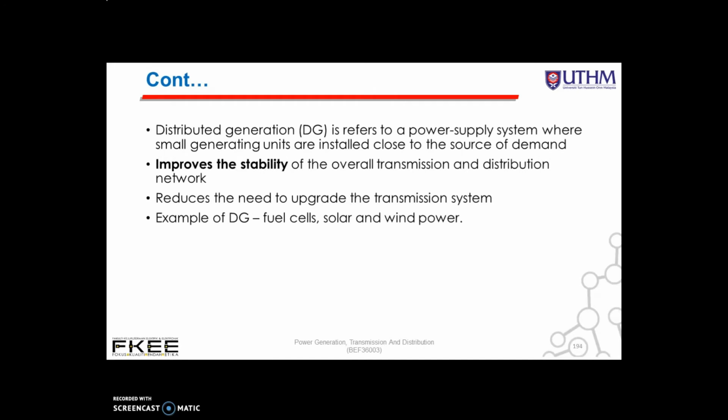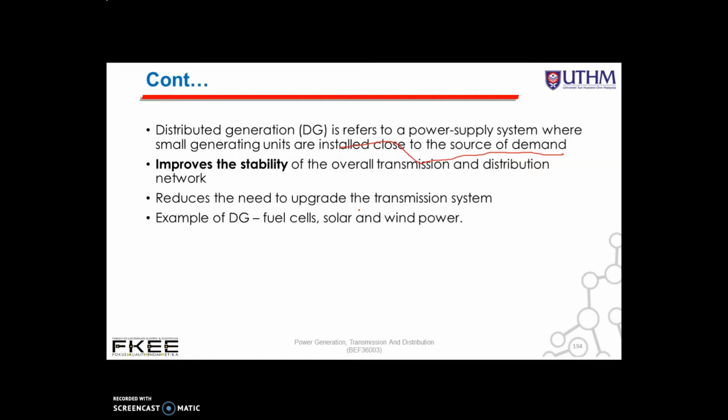First, we look at what distributed generation is. Distributed generation, DGs, refers to a power supply system where small generating units are installed close to the source of demand. So if a power supply is installed close to the demand, we call it distributed generation, or DGs.